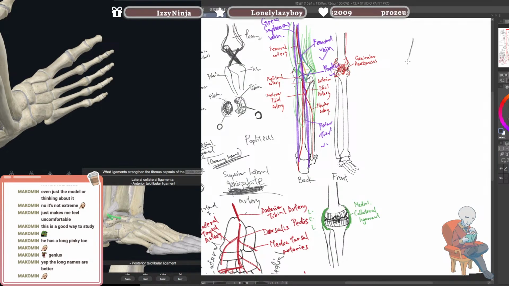Okay, so this time I will have to draw the lateral side of the ankle. This is the fibula and tibia. Take a shot every time I say tibia.